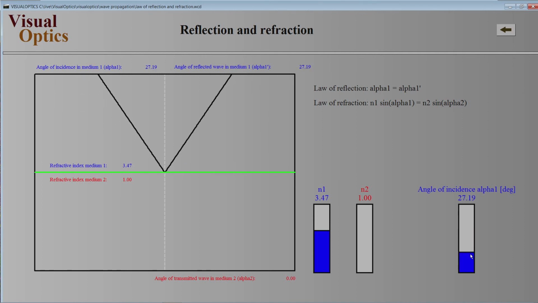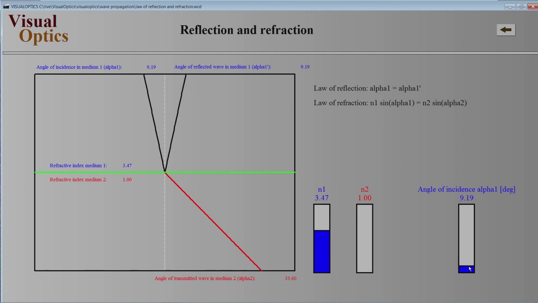Only if we approach at a small angle, there is a light wave that can emerge from medium 1 into medium 2. So only if we have small angles, there is light escaping silicon.